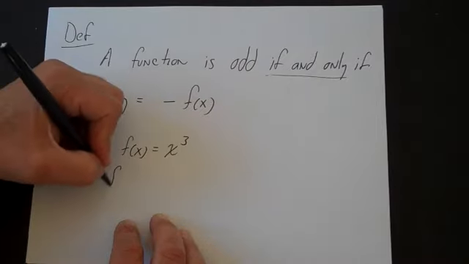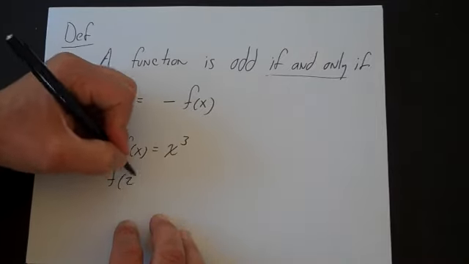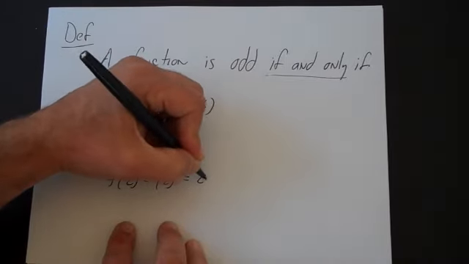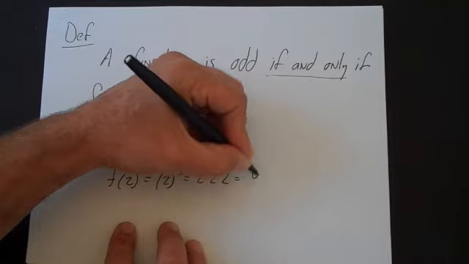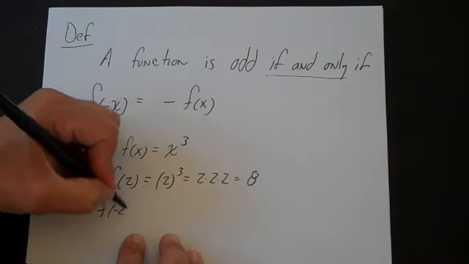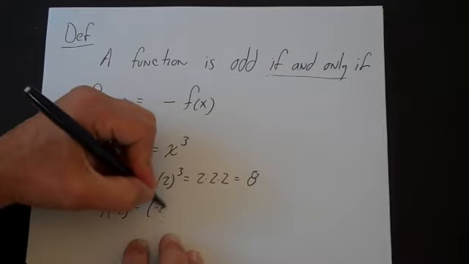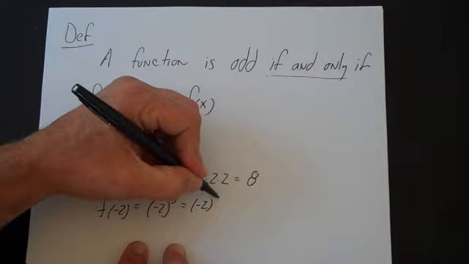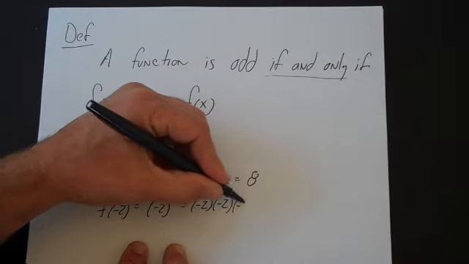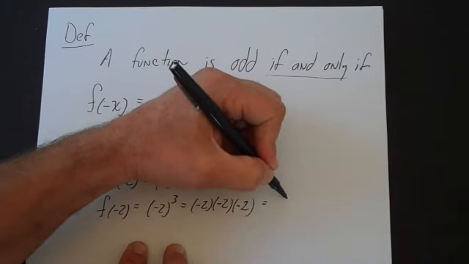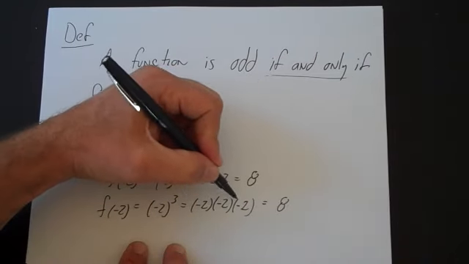Let's look at, for example, f of 2. f of 2 is 2 cubed, which is 2 times 2 times 2, or 8. f of minus 2 would be parentheses minus 2 cubed, which is minus 2 times minus 2 times minus 2. 2 times 2 times 2 is 8, minus times minus times minus.